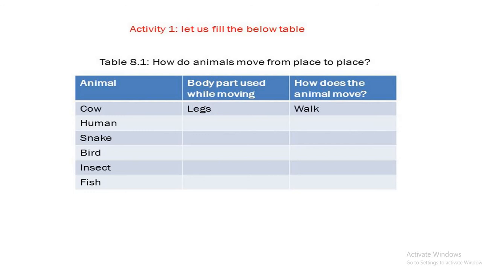Yes, it's legs. And how does the animal walk or move? It is walking. Now, dear students, fill the table for snake, bird, insect and fish. I am giving you 10 to 15 seconds. Try to fill it.